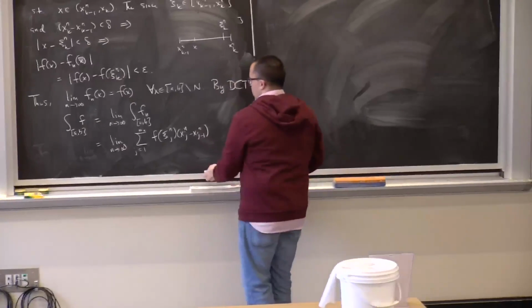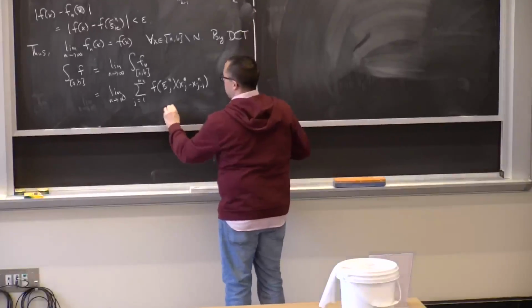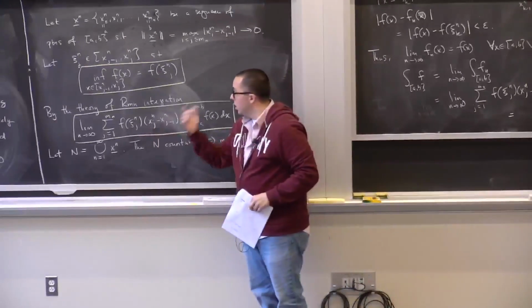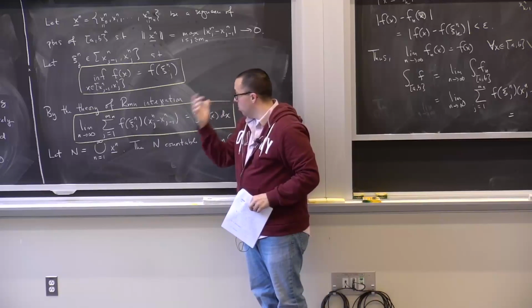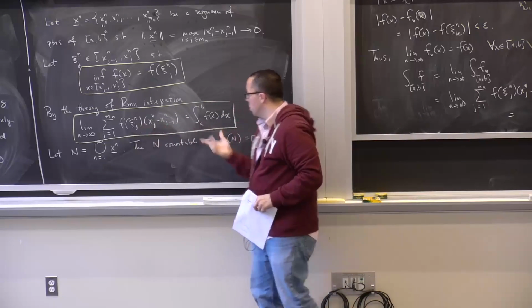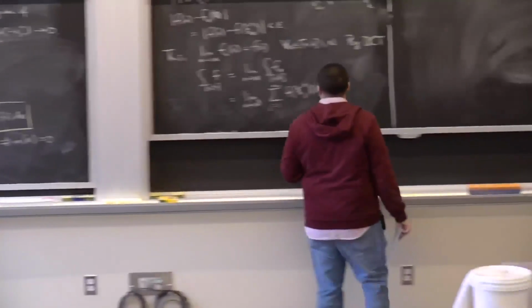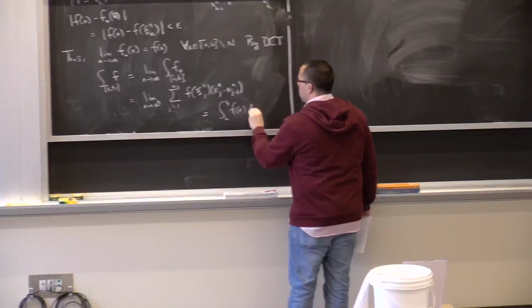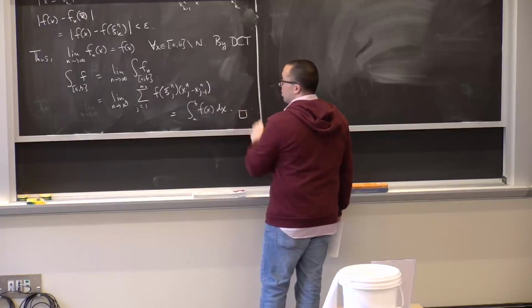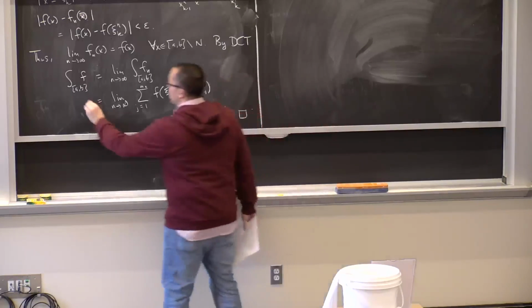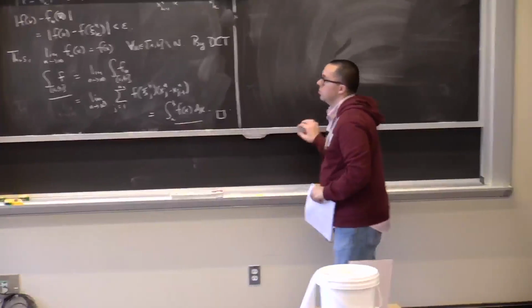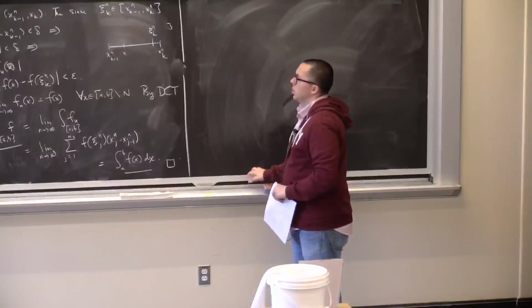And by what we know about Riemann integrals, this converges to the Riemann integral. And thus, the Lebesgue integral equals the Riemann integral for a continuous function. Okay?